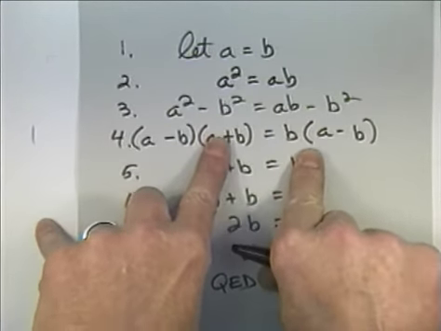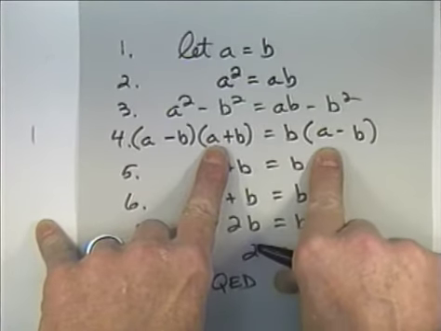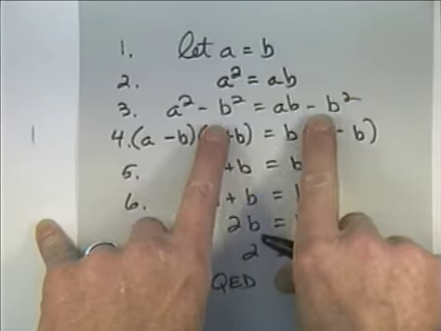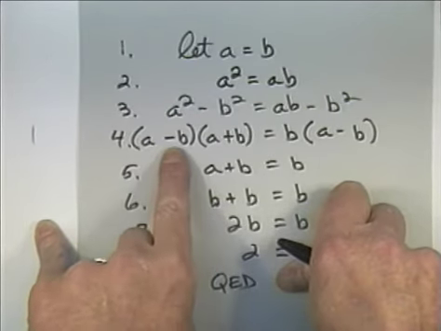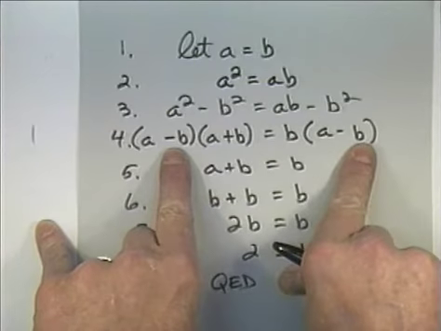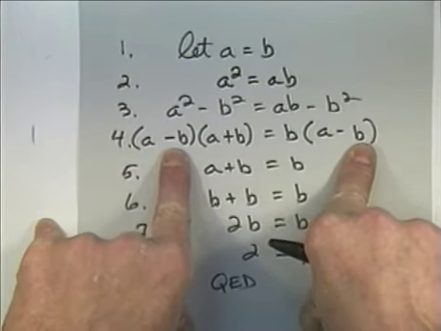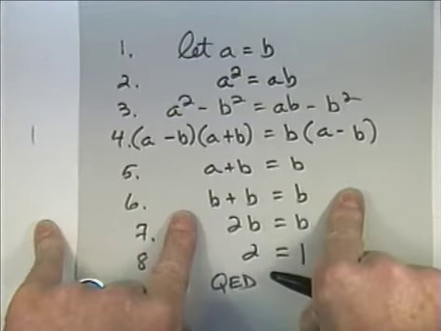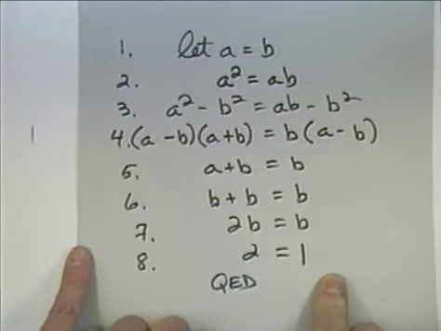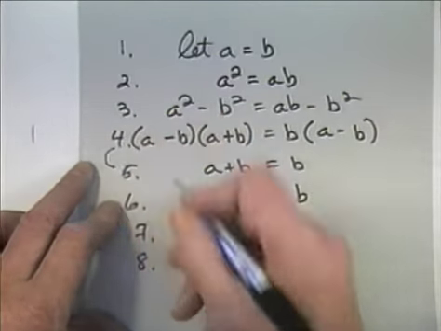And indeed, there's no problem in the move from 3 to 4, because this is the correct factoring of 3. But, as you point out, when you move from 4 to 5, you're dividing both sides by A minus B, which is okay in any case except if the thing is 0. You can't divide by 0. Everything else is fine too once we get to 5, but it's that move from 4 to 5 that's the problem.